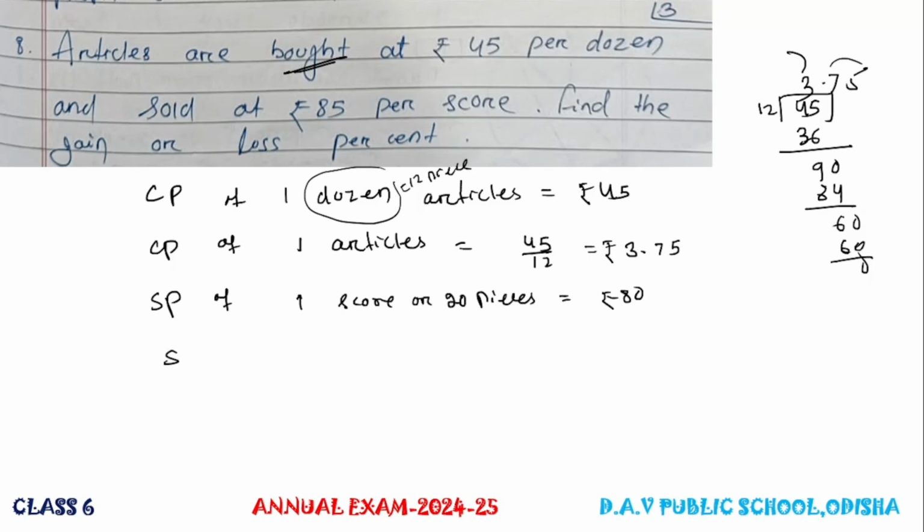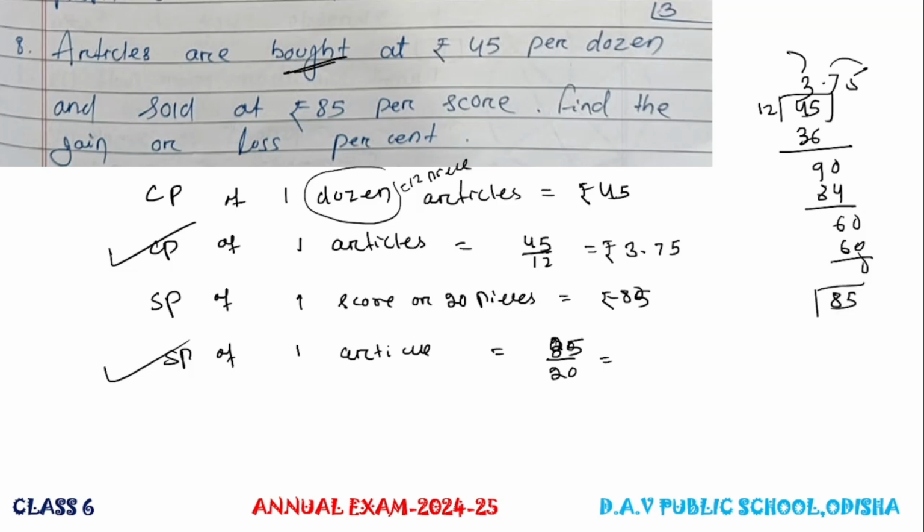So first of all, find out the SP of 1 article. How do we find 1 article? Because we know SP or CP is always calculated for the same number. Okay, that's why we convert into 1 article. So SP of 1 article is equal to 85 divided by 20, not 80.